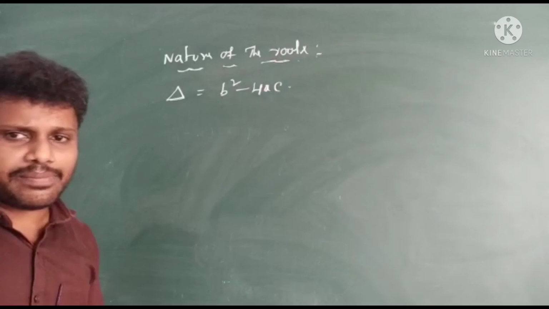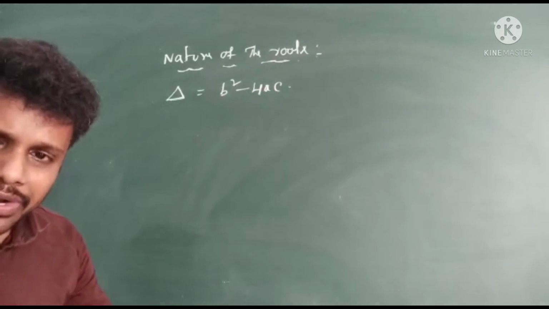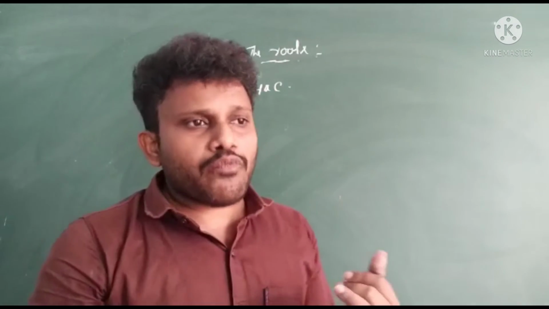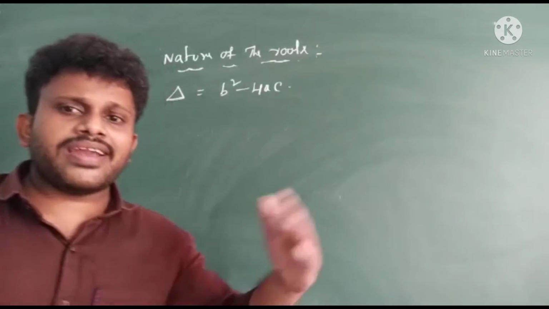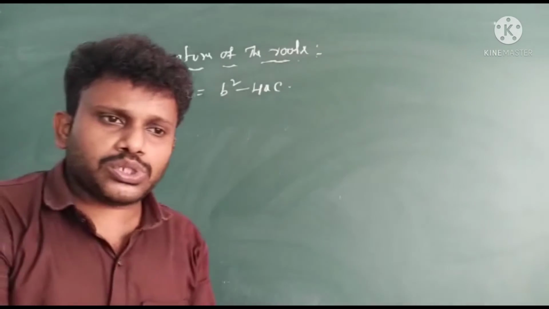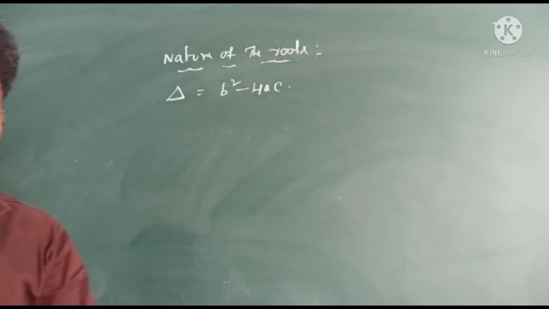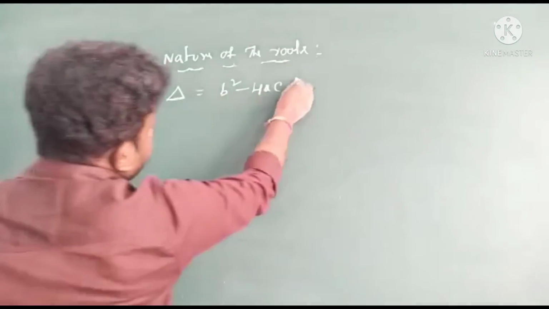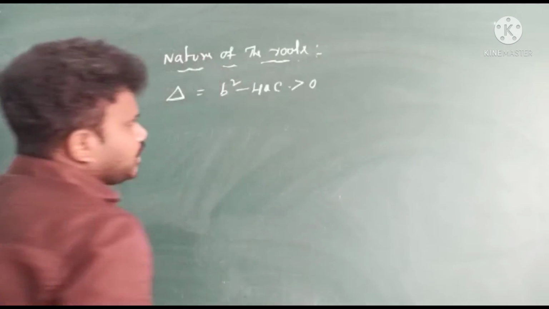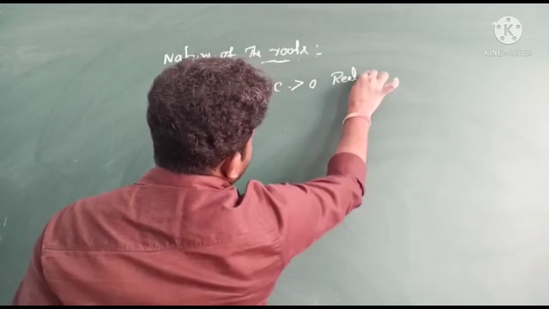When you find the discriminant value by using the formula b square minus 4ac, we are going to get three types of values. It may be greater than 0, it may be equal to 0, it may be less than 0. When the discriminant delta is equal to b square minus 4ac is greater than 0, we can say that the roots are real and distinct.